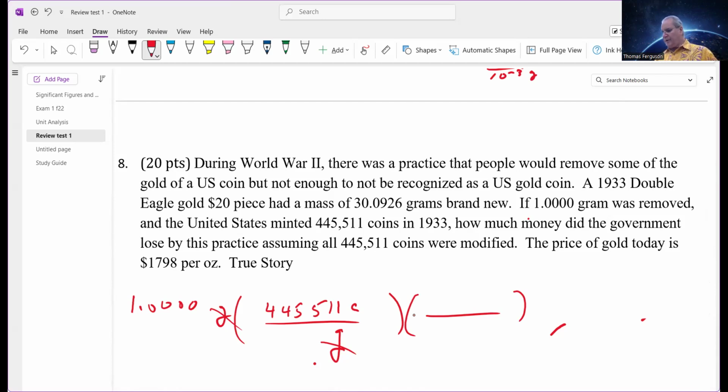Okay, let's do, we're gonna end up with grams, right? So really we have 445,511 grams, right? If we have that many coins.